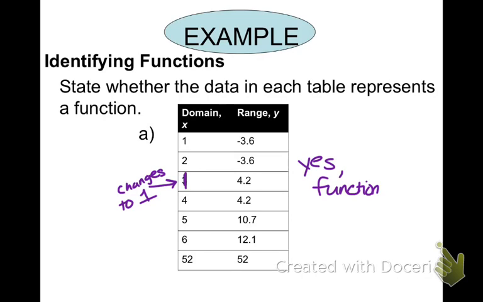So that would make it not be a function. You see the difference? Ultimately, you're looking for only one y value for each x, not multiple. If I changed all of these to 1s, then it definitely would not be a function, because then 1's got 6 different pairings going on.